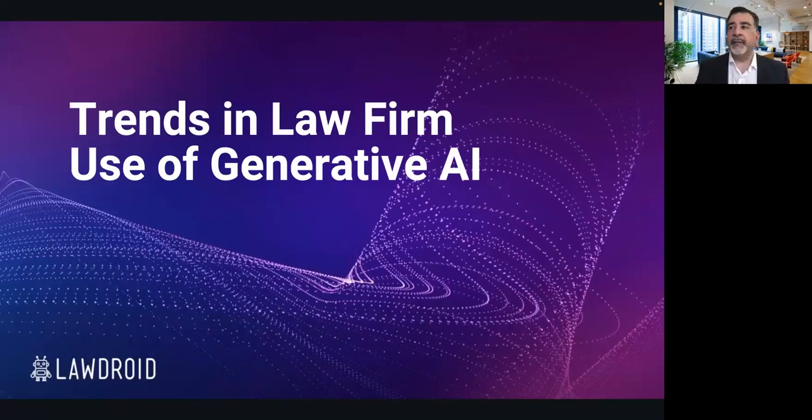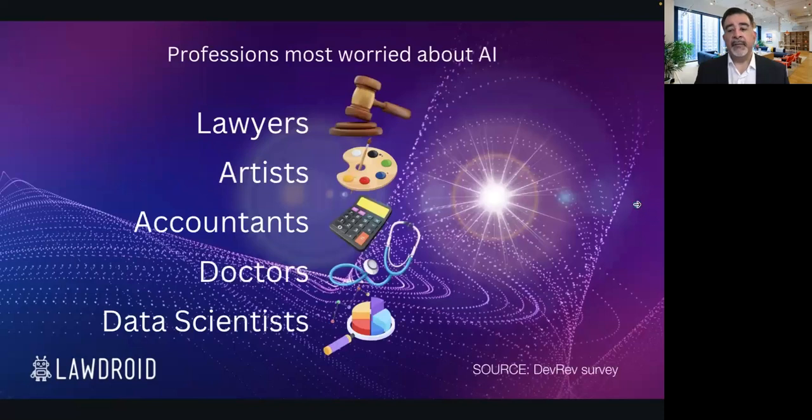So first off, let's zoom out. Really interesting studies came out over the past couple of weeks that are starting to show how lawyers are actually using generative AI. So I wanted to share with you some of the trends in law firm use of generative AI. The first one is taken from a DevRev survey.